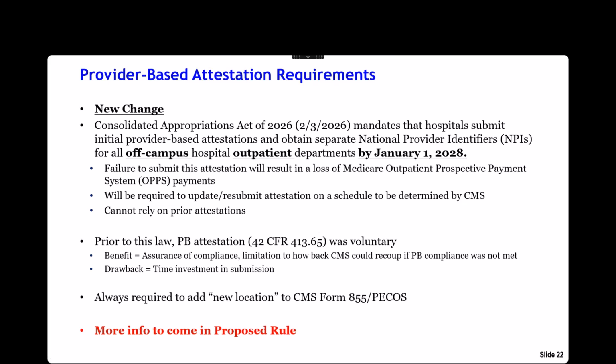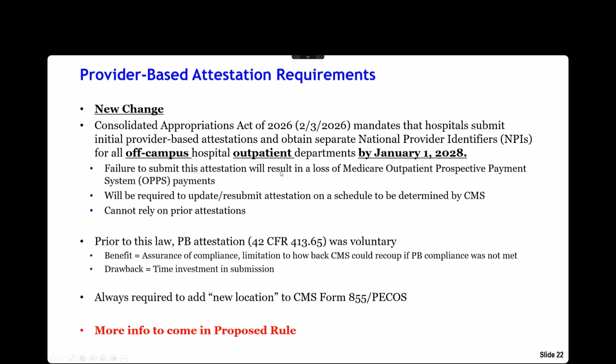Let's see, if the provider-based off-campus location is paid under the CAW, does this change the attestation requirement at all? Yeah, because if they would have billed freestanding, they would have been paid fee schedule. And now that they're under the CAW, they get reasonable cost reimbursement. So it's not OPPS anymore, but it would be cost-based reimbursement.